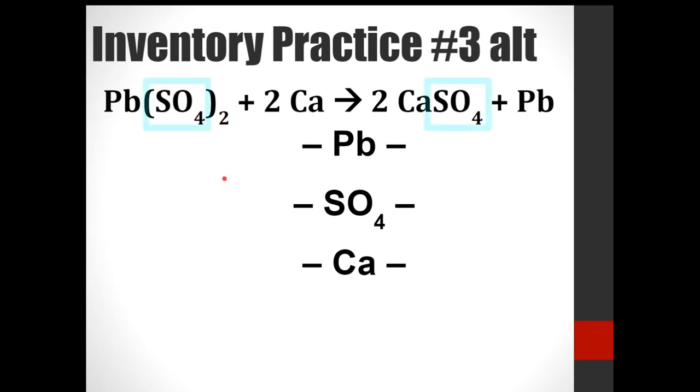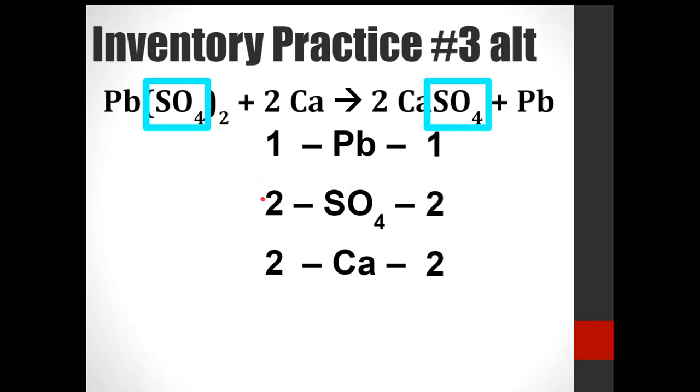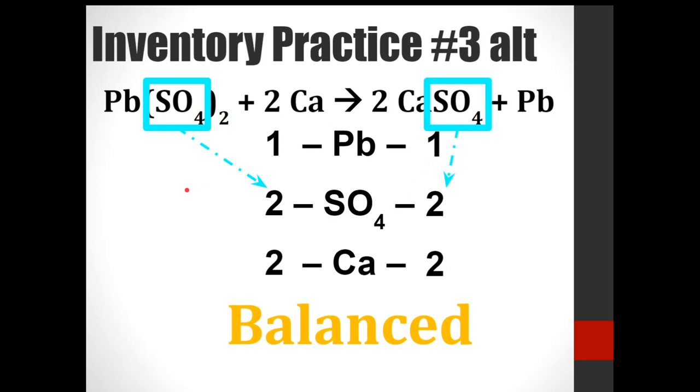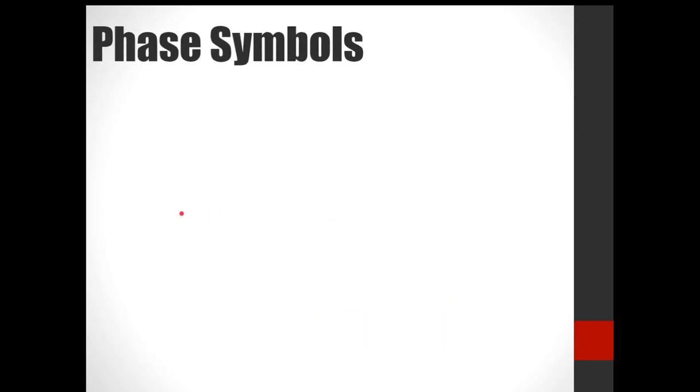And if you count them together, you may put them in boxes and then say, oh, this has got 2 boxes here, this has got 2 boxes there, so there's going to be 2 SO4s. Still going to be balanced, still going to work out. You can do it either way, whether you put them in boxes or you count them individually, but it works.